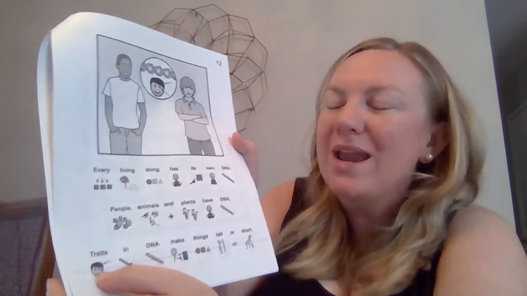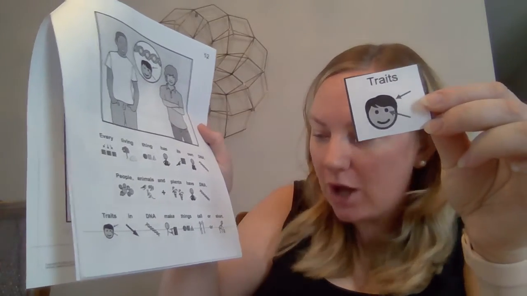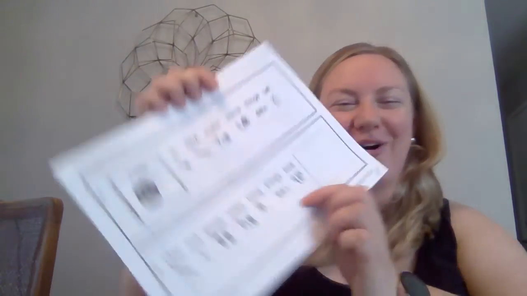It says traits. Oh, traits. Traits in DNA make things tall or short. That's the answer we're looking for. All right, go ahead and put traits in number 4. Traits in DNA make some things tall.